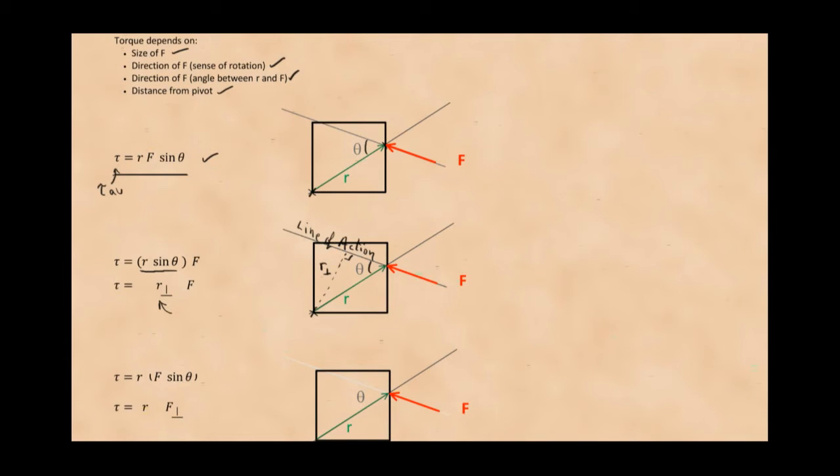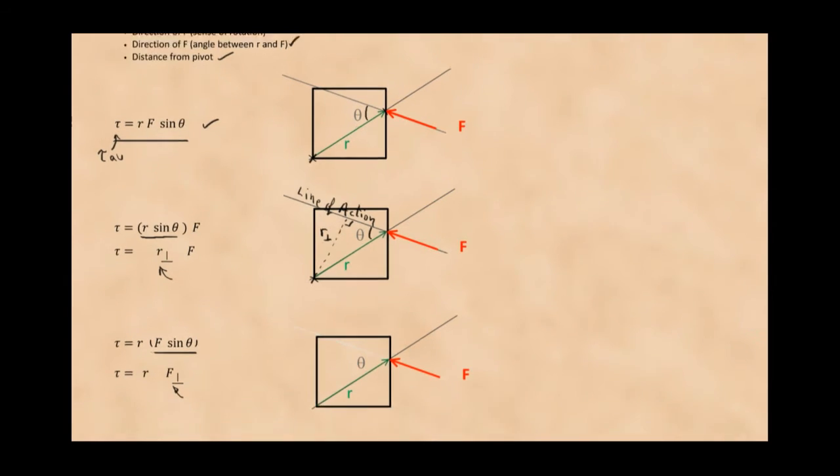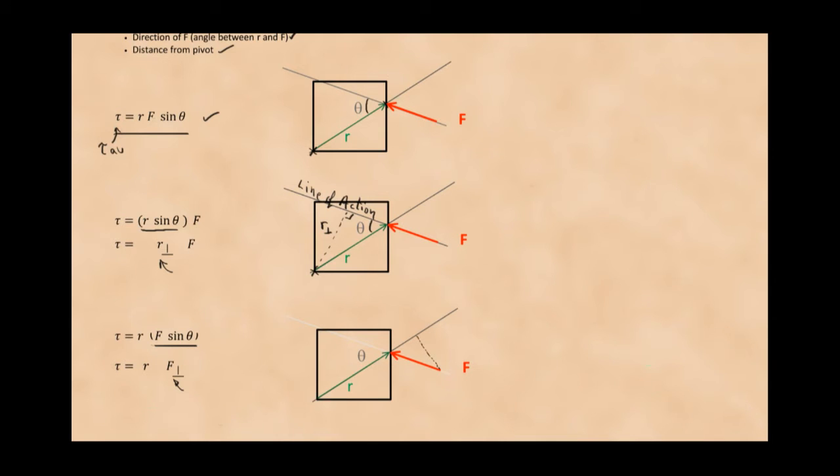A third way of visualizing it is to associate sine theta with the force, and that's what we call F perpendicular. In this case, what we want to do is we want to break the force vector up into components parallel and perpendicular to r. So this side we would call F parallel, this side we would call F perpendicular.